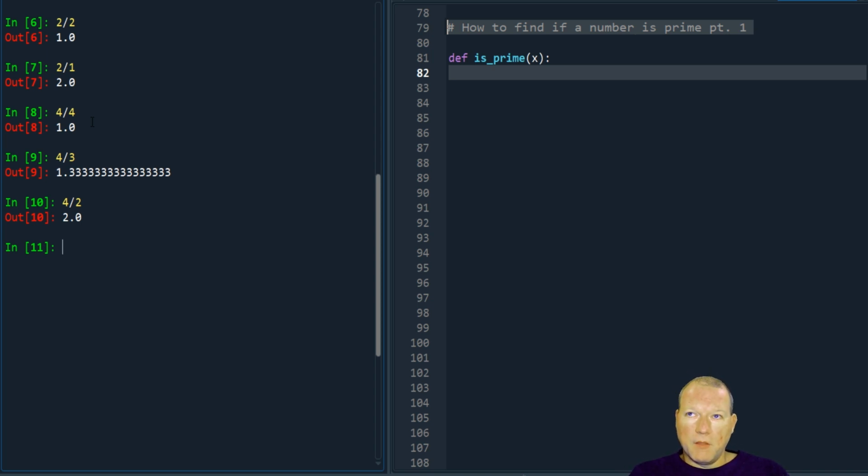If you haven't seen this operator yet, it's the modulo. This gives you the remainder. So 2 evenly divides into 4, and you get 2. So there is a 0 remainder.